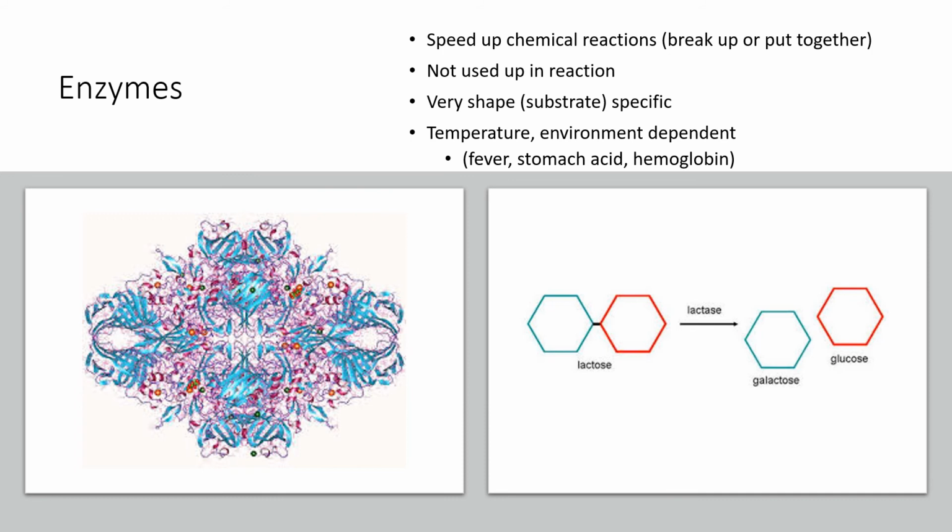So for example, in the case of a fever, your temperature goes too high, your proteins start denaturing, and as a result, major functions of your cells stop working. Your brain cells start dying and you die. Fever can be a very serious thing. Your body has to spend a tremendous amount of energy making sure that you keep all of your environments in the correct range so that your enzymes can do what they need to do.